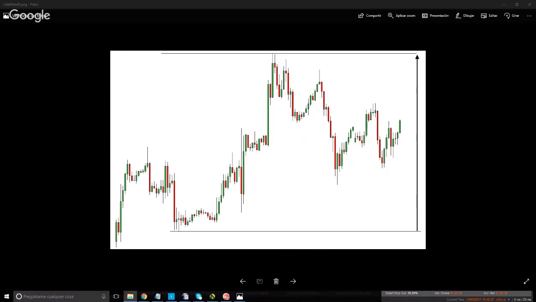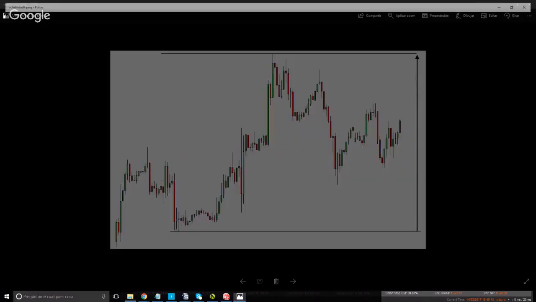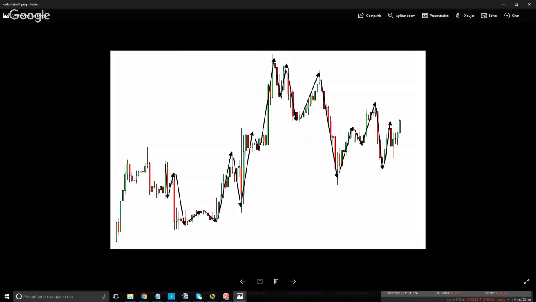But if you start looking at volatility in terms of price movements of a preset threshold, all these ups and downs in the market, then the approach to volatility changes from risk to reward.